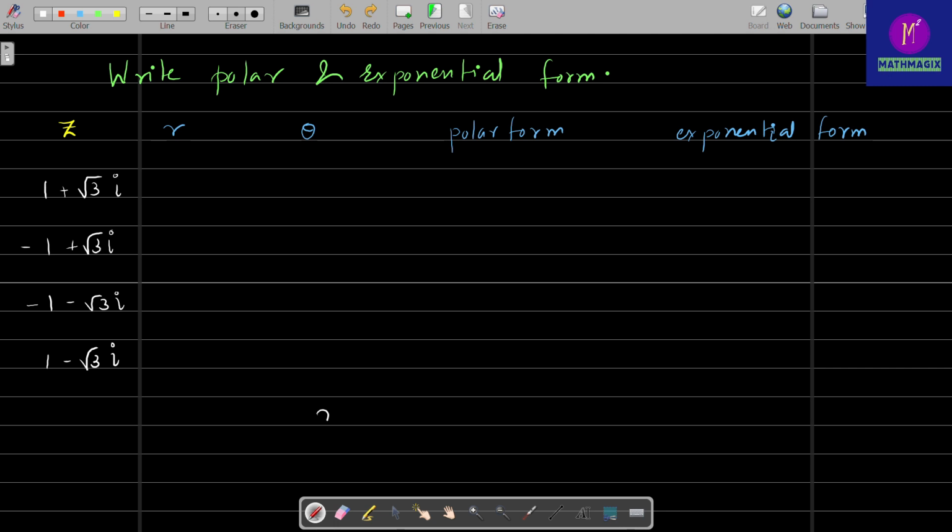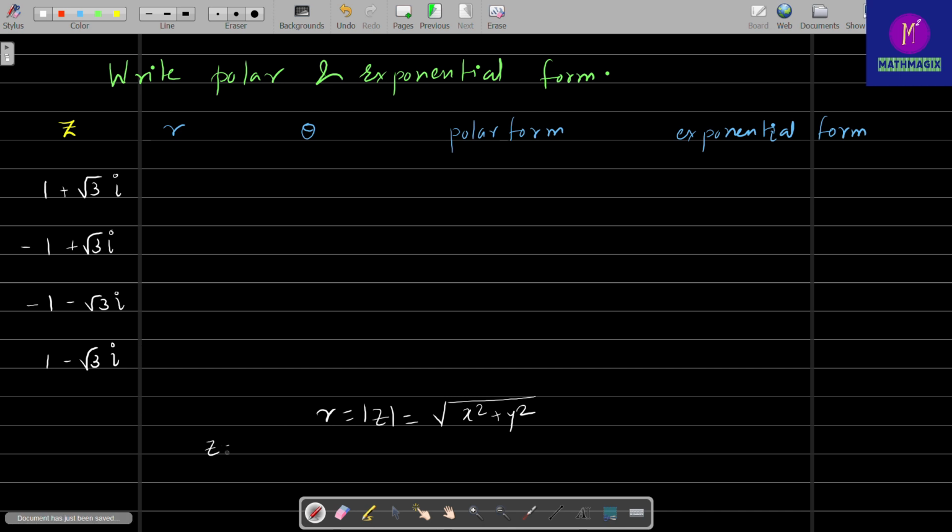r is nothing but modulus of z, which is nothing but square root of x square plus y square. That is nothing but the distance of the number from the origin. So all these numbers are at the same distance from the origin, hence r for all these numbers will remain the same. Let us try to find out r of 1 plus root 3i.